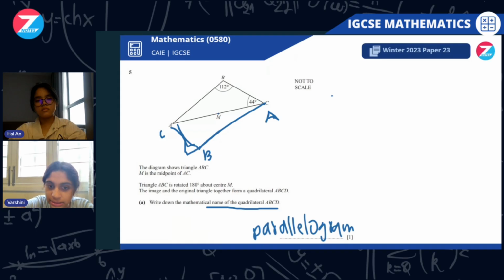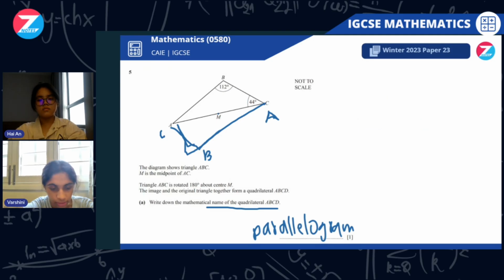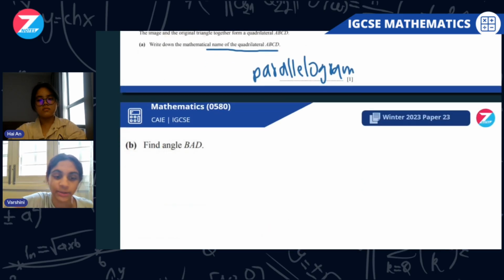If we drew this over here on the side, it would look something like that. It would not have 90-degree corners, and we can see that over here, 44 and 112. We know that it's not 90-degree corners, so it can't be a rectangle, and it's obviously not a square. So it's a parallelogram.